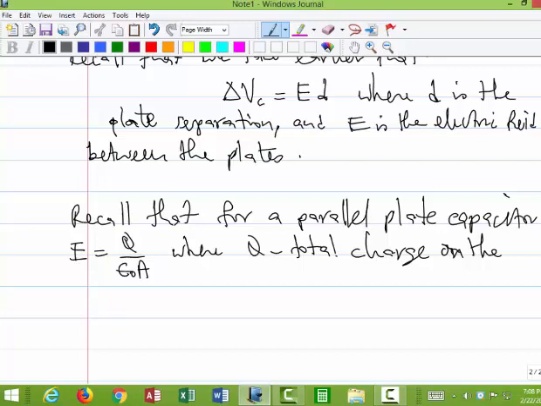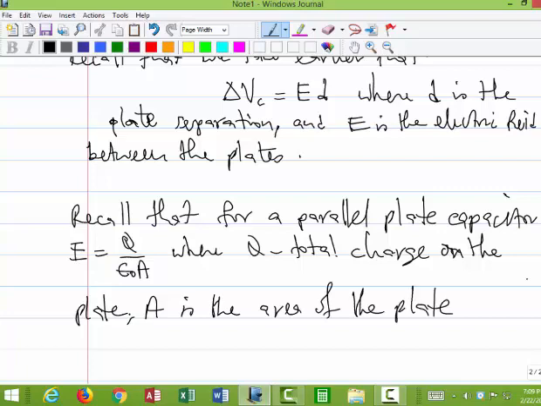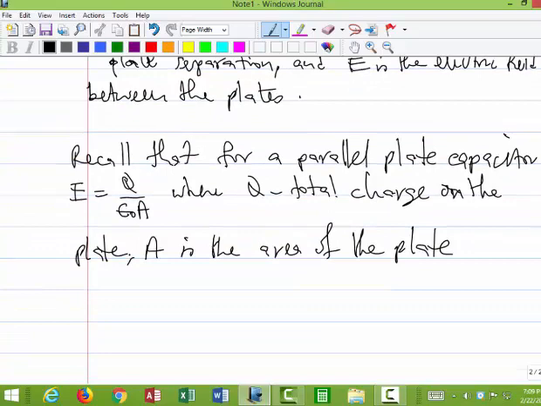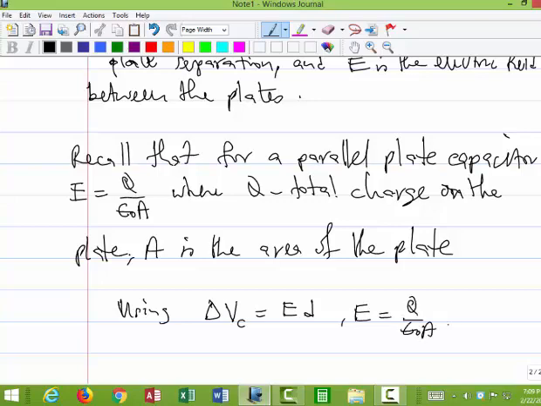The charge on the positive plate will be positive Q, and the charge on the negative plate is negative Q. A is the area of a plate, assuming again that they are the same geometry. So using delta V across the capacitor equals E times D, we see that E is equal to Q over epsilon naught A. We'll use that shortly.